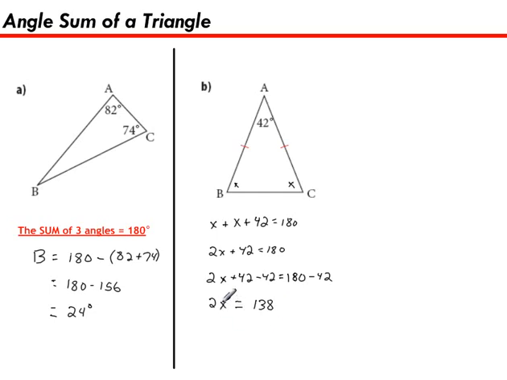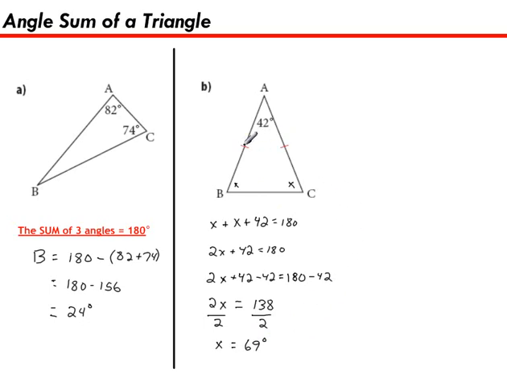And finally, I need to isolate the x, and since I have a 2 multiplying it, I'll just do the opposite of that. I'll divide both sides by 2. This 2 over 2 will just leave a 1x, and I won't bother writing the 1 in front of it. And 138 divided by 2 makes 69 degrees. So I know this angle and this angle both must be 69.